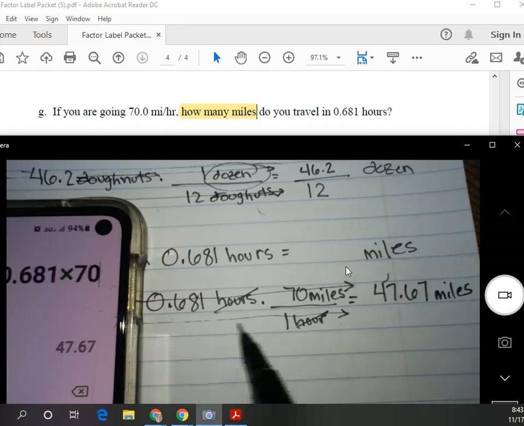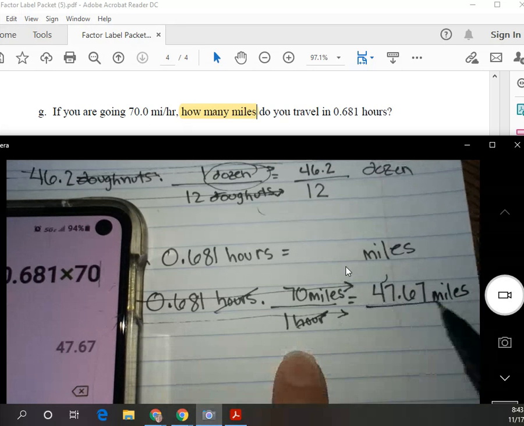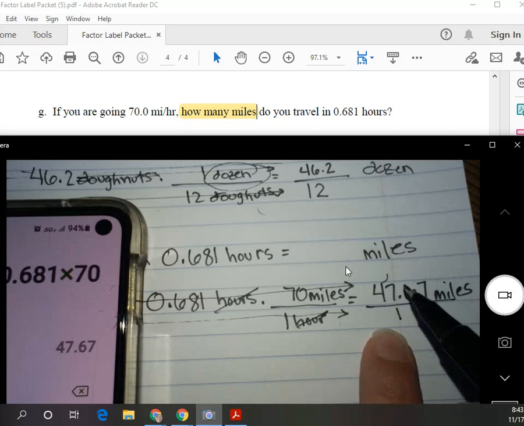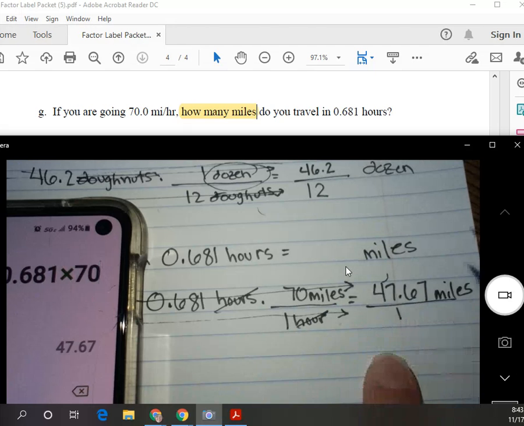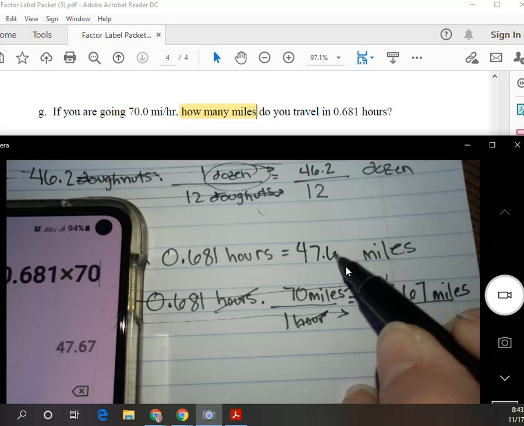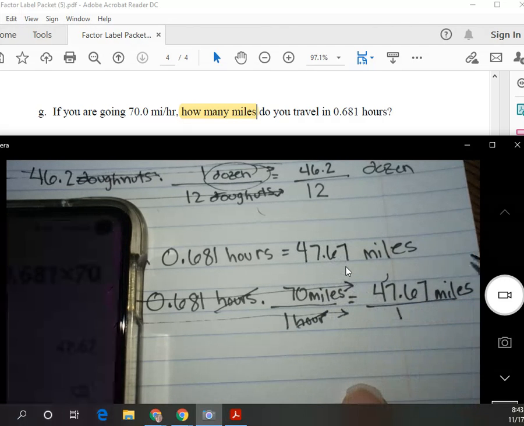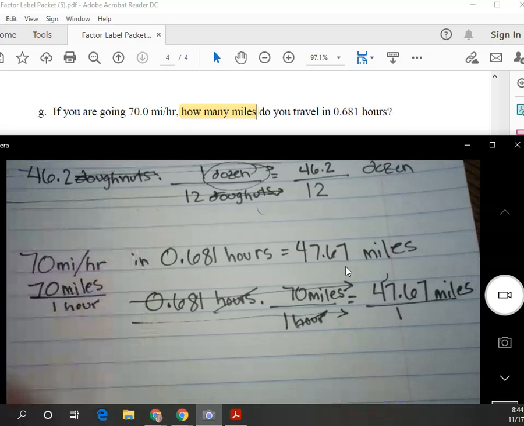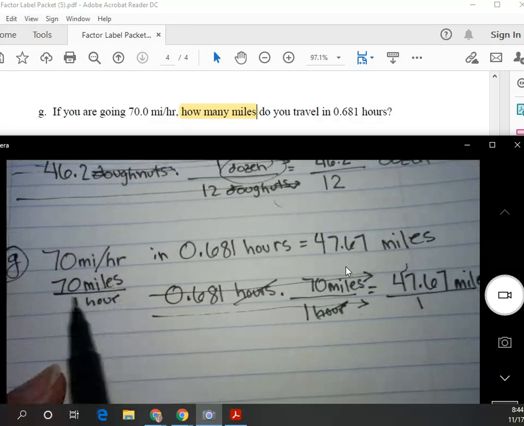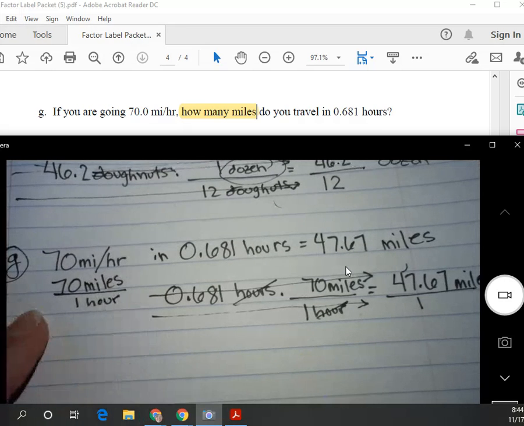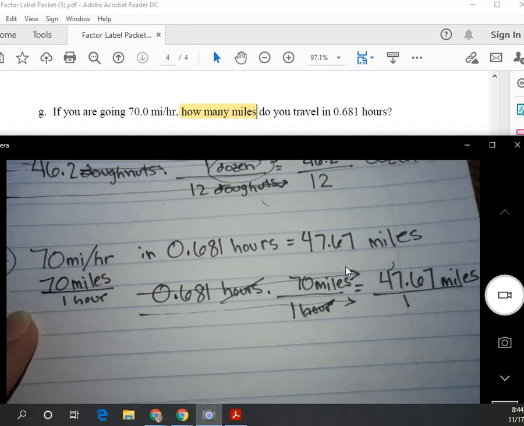When I go straight across the bottom, I had just 1 hour. So 47.67 divided by 1 is itself. So my answer is 47.67 miles. All right, so sometimes they give you the conversion factor in a rate in the question.